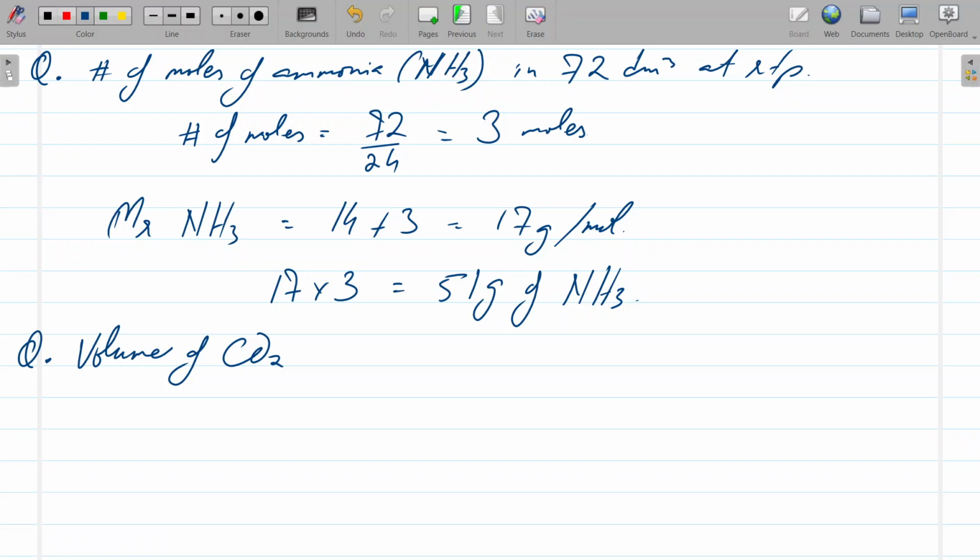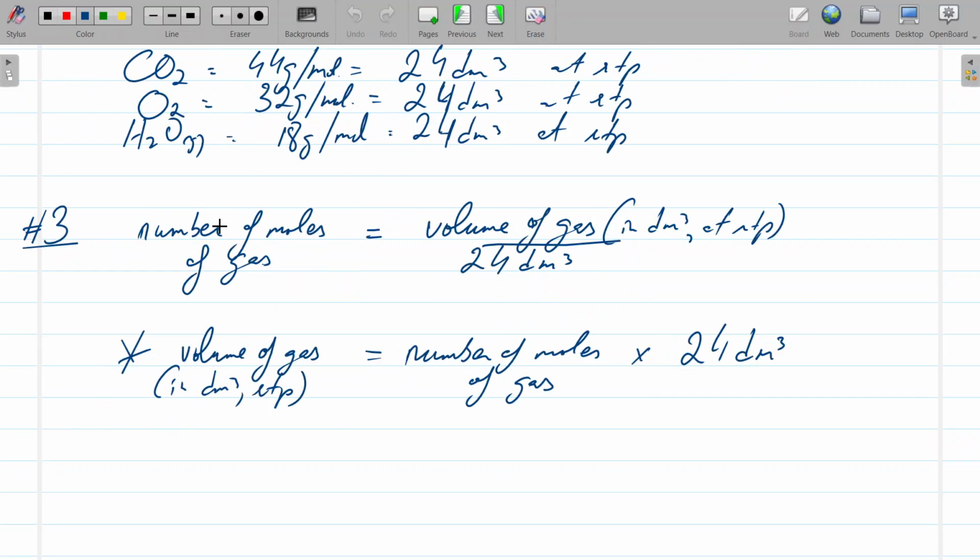Okay. So what you need to find out is the volume of carbon dioxide gas occupied when there are 5 moles and 0.5 moles. So, for the formula, volume of gas is number of moles times 24.